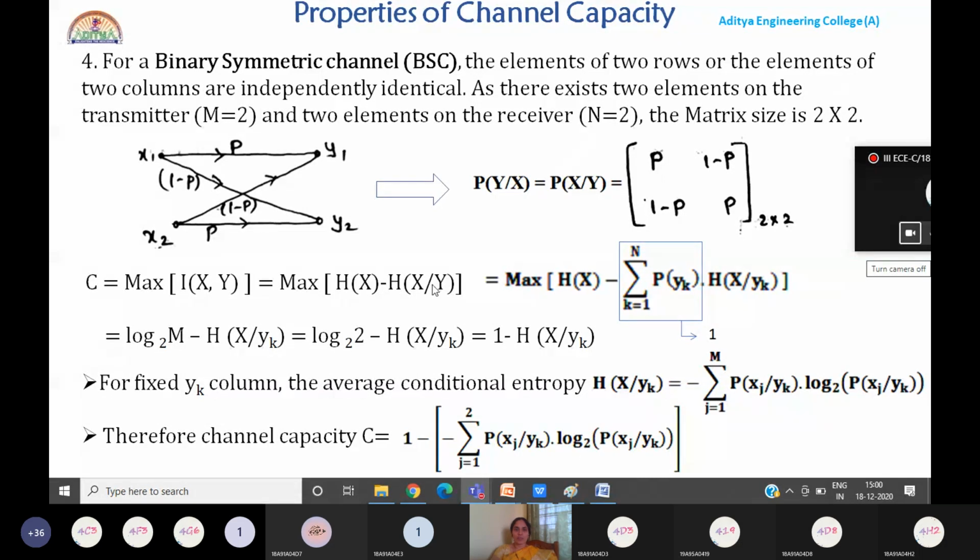First we represented H(X/Y) in terms of the average conditional entropy H(X/yk). Next I have written the average conditional entropy expression as minus summation j = 1 to m of P(xj/yk) log P(xj/yk) base 2. So this is the definite equation for the average conditional entropy.